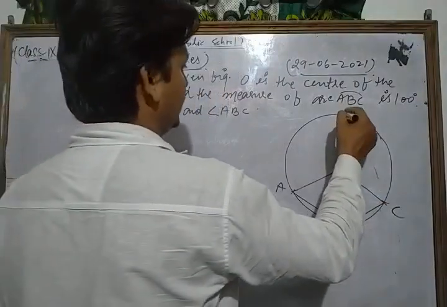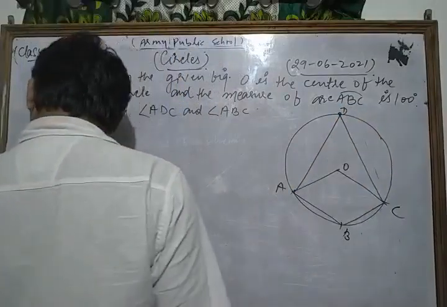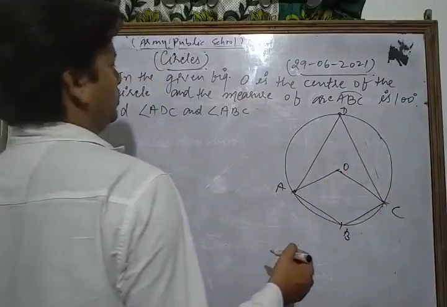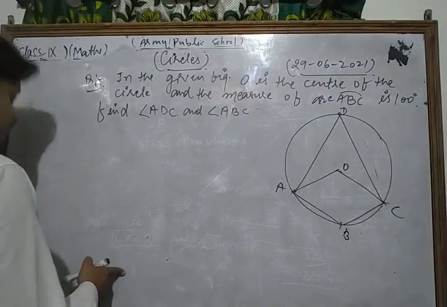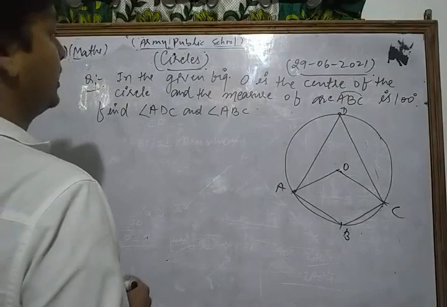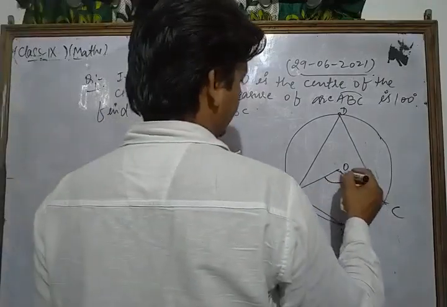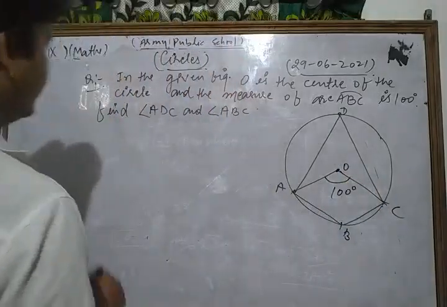And our point D is any other point on the circumference of the circle. Here O is the center of the circle and the measure of arc ABC is 100 degrees. Now let's see its solution.